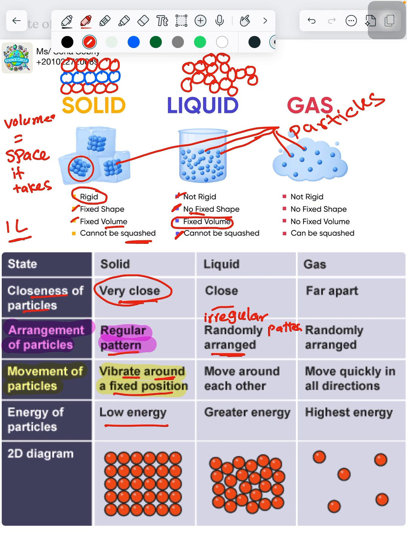They can move around each other, so its movement is move around each other, or you can say slide over each other. Both are right. Which is why liquids can flow. If the examiner asks you, can liquids flow?